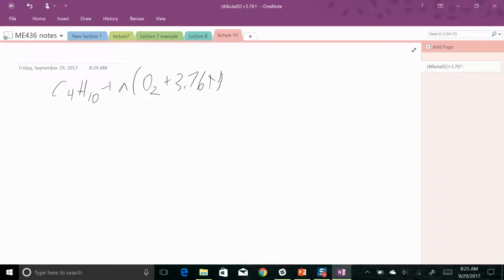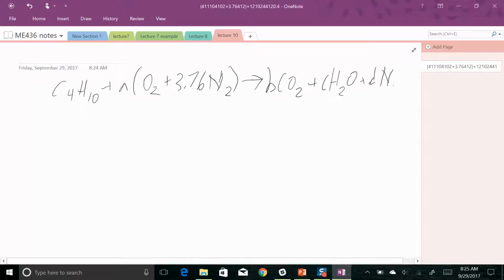Let's keep it simple today and we'll do dry air. And so that's going to go to some amount of CO2, some amount of water, and some amount of nitrogen will be in there.